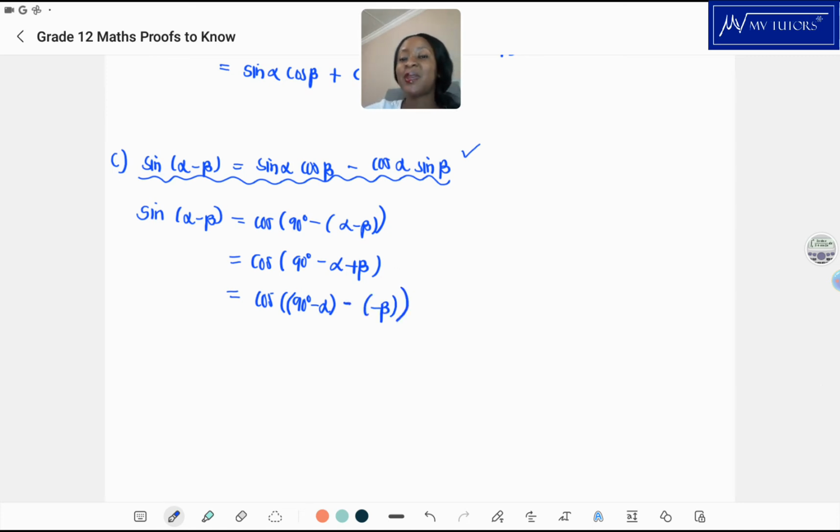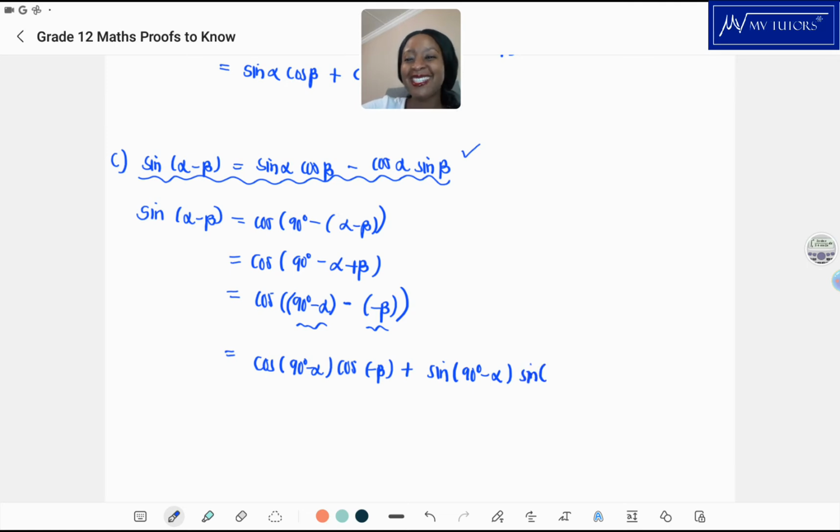So in this case, we have a negative beta. Okay, so I have one angle minus another angle. Okay, so then I have cos 90 minus alpha cos negative beta plus sine 90 minus alpha, I hope you're keeping up, times sine negative beta.